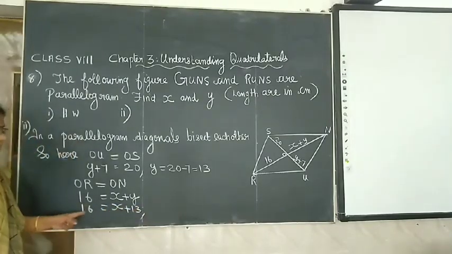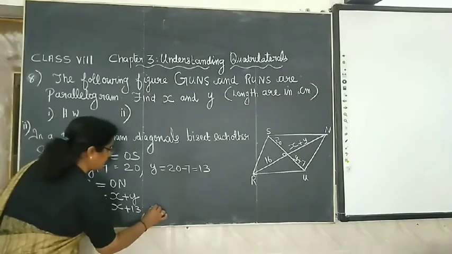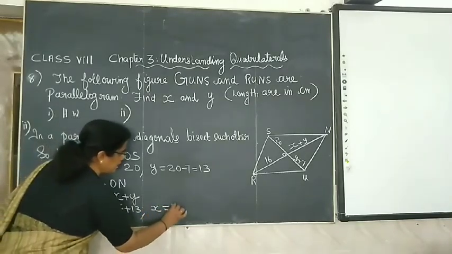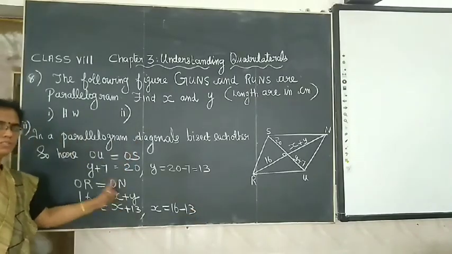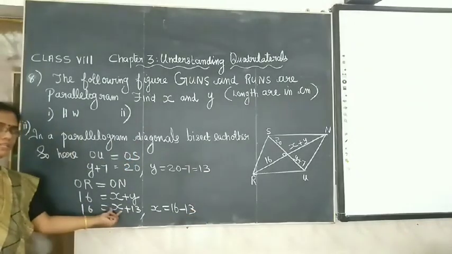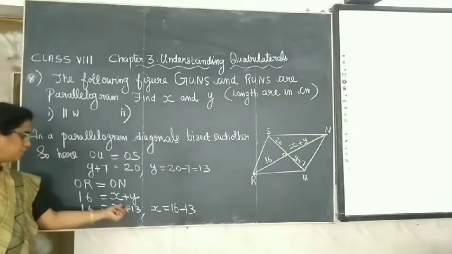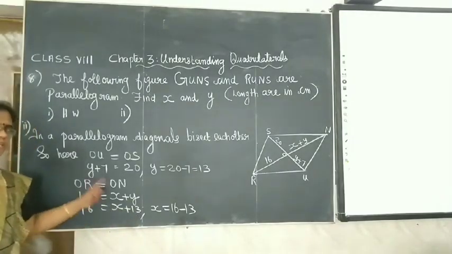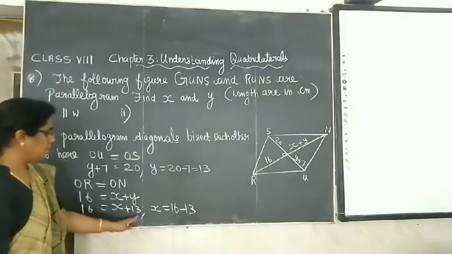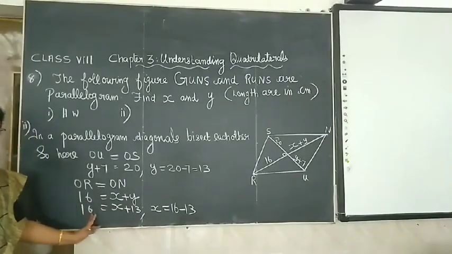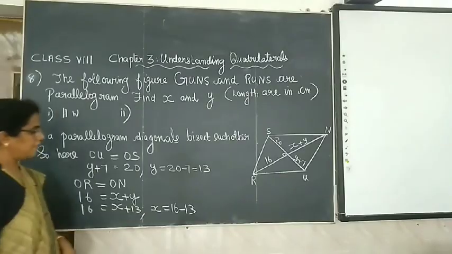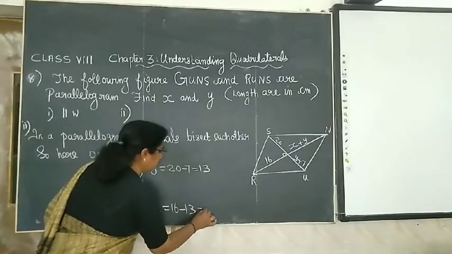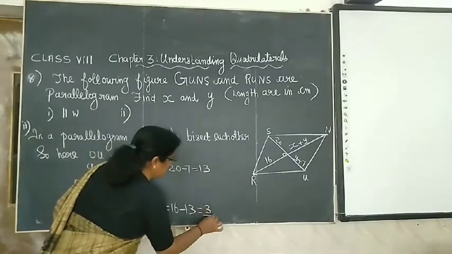So from here x equal to 16 minus 13. We want x only here, so we are taking 13 to this side. When we take a positive number to the other side of the equal sign, it becomes negative. Therefore, x equal to 16 minus 13, that is equal to 3.